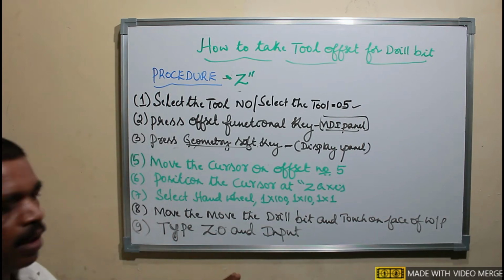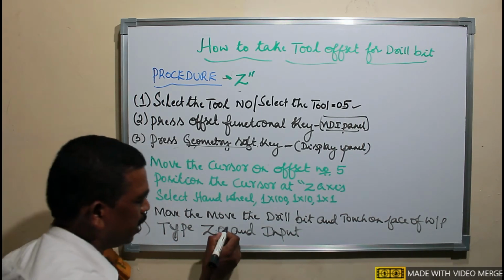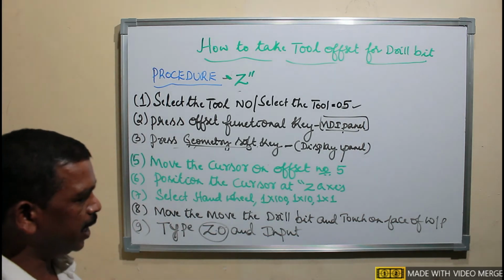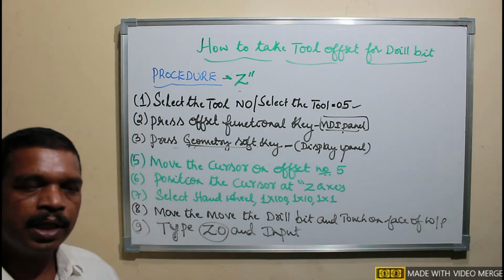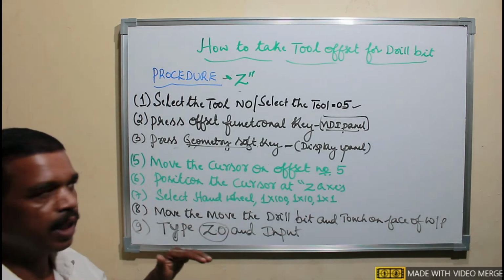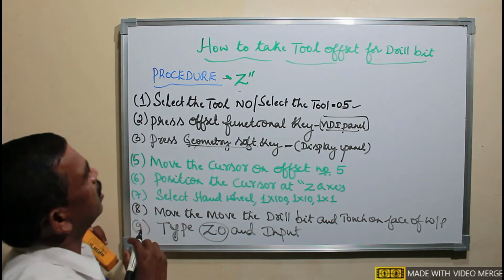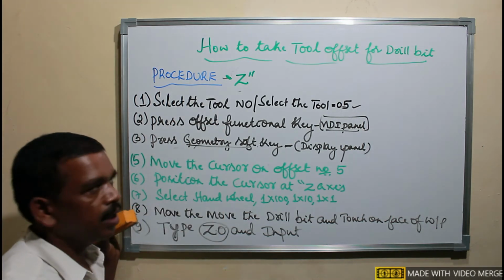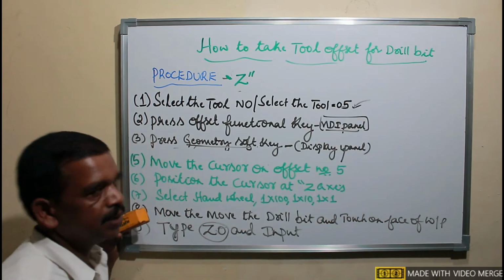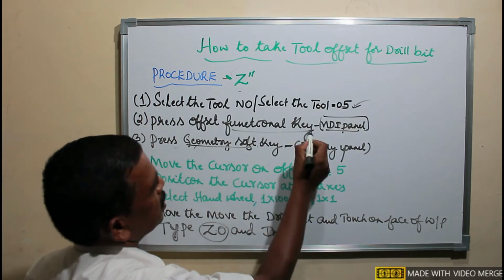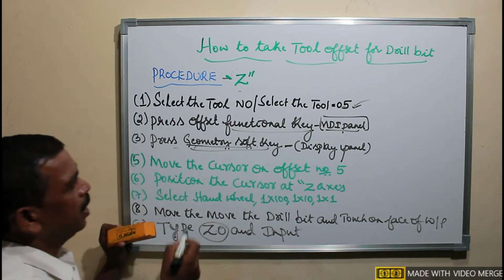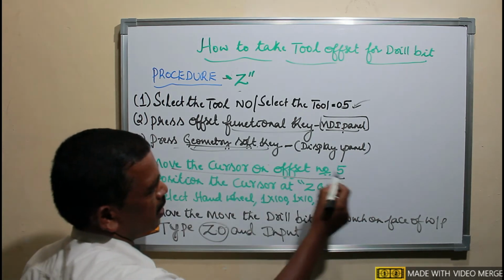So this is the procedure. As soon as we input this value, the absolute value of z-axis will be input on the z-axis box. Okay. So for taking the offset in z-axis for drill bit, we have to select the drill bit, and we have to press the functional offset key, and then geometry soft key, and we have to move the cursor on the offset number.